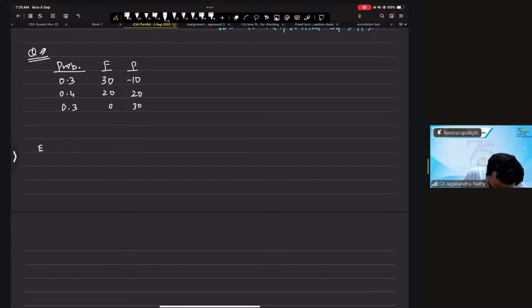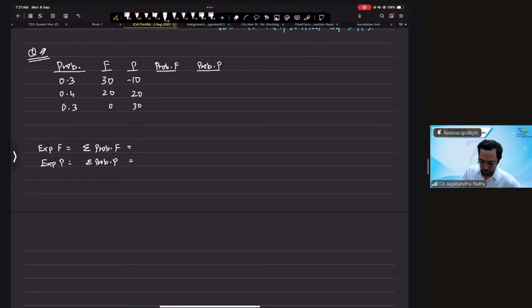So first we need the expected value of F and expected value of P. That's summation of probability into F, and summation of probability into P. We just need to take the total of this to get the expected values.